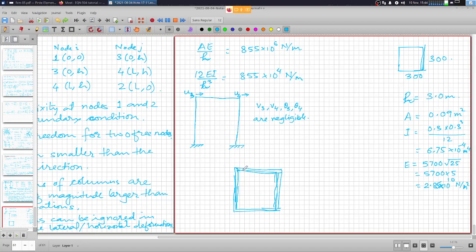The slab is cast monolithically with these beams. So this is the entire area that is offering resistance to the loads that are coming onto it, the lateral force.